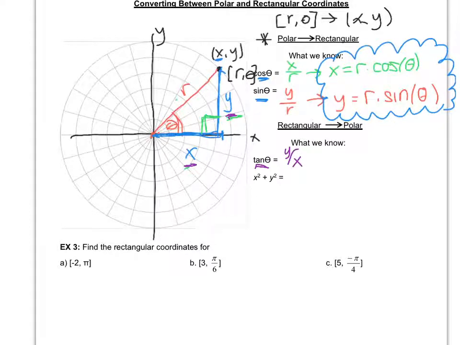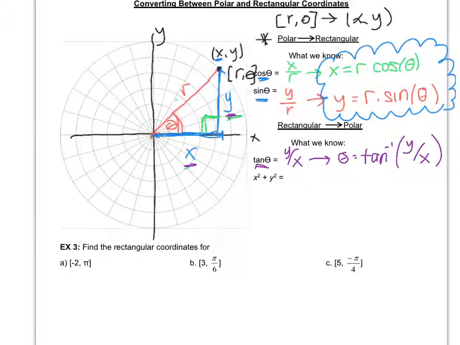Which means if I want to know what theta itself is, all I would have to do is apply the inverse tangent function to both sides of that, and that would give me the value of theta itself. So theta is always going to equal the inverse tangent function of y divided by x. And again, the reason we know that is simply because based on this visual right here and what we already know about right triangle trig, whatever rotation that is, it will get us the value y divided by x when we apply the tangent function.